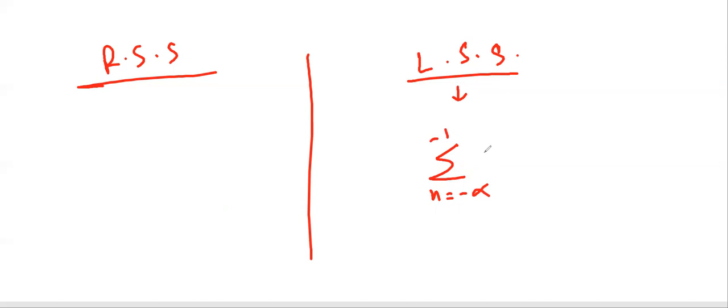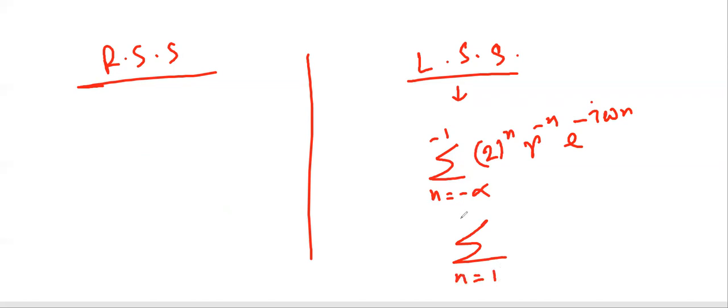Then we have the value 2 to the power n, r to the power -n, e to the power minus j omega n. So if we change the notation n to -n, what will happen? It can be written as n equals 1 to infinity of 2 to the power -n, r to the power n, and e to the power j omega n.